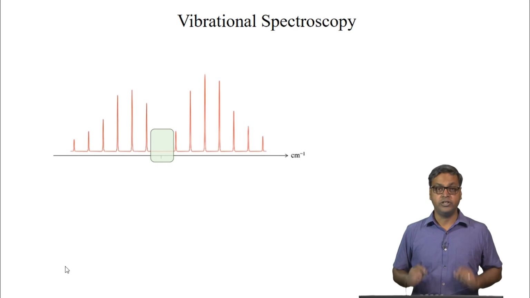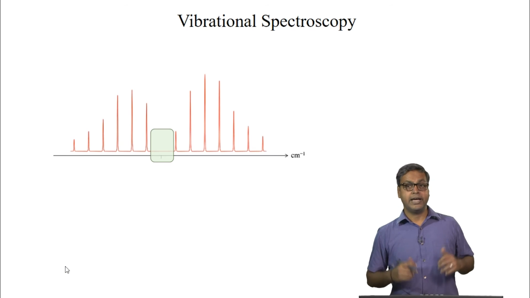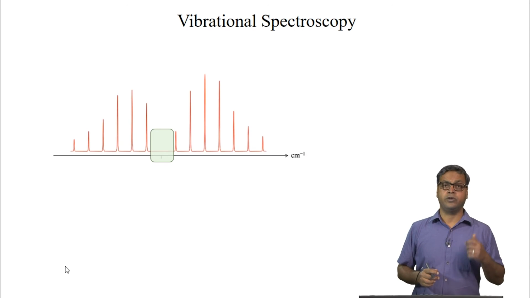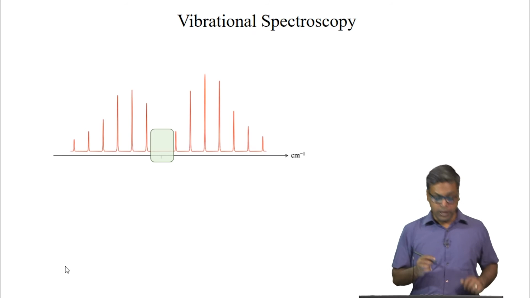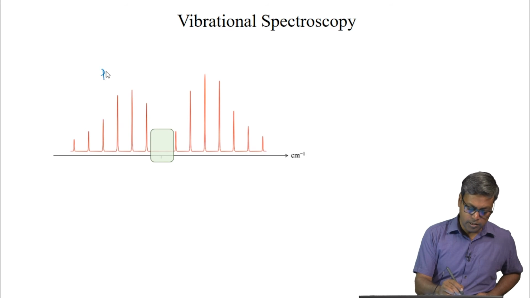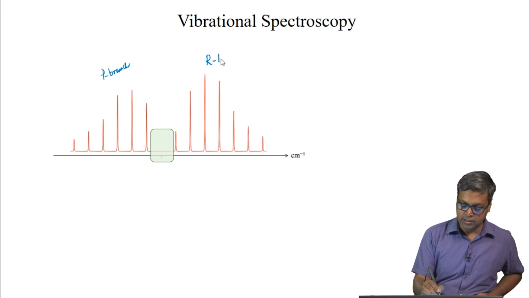This is a Ro-vibrational spectrum provided by our expression for the spectral line frequencies for transitions in the P branch and the R branch. So, this is the P branch and this is the R branch.